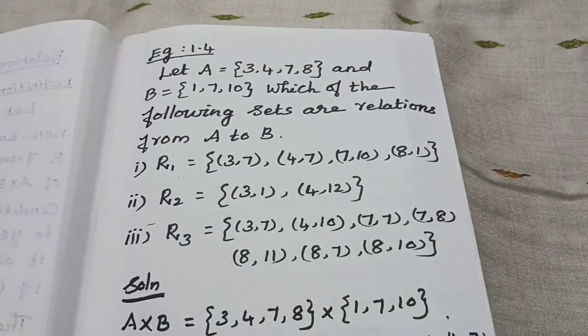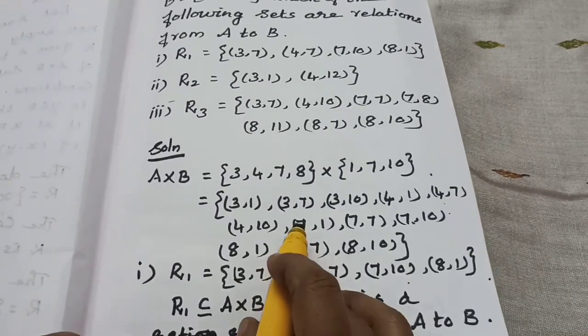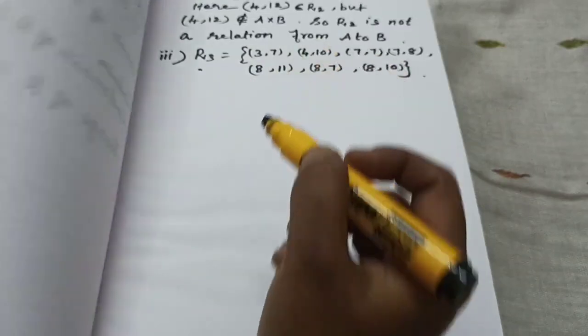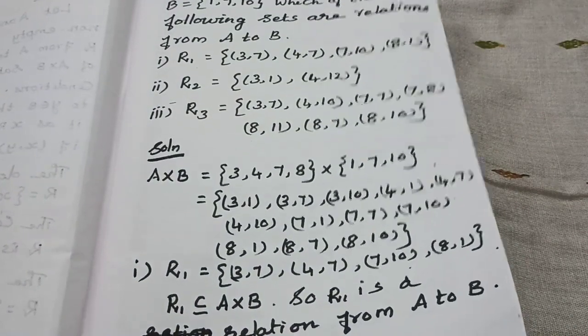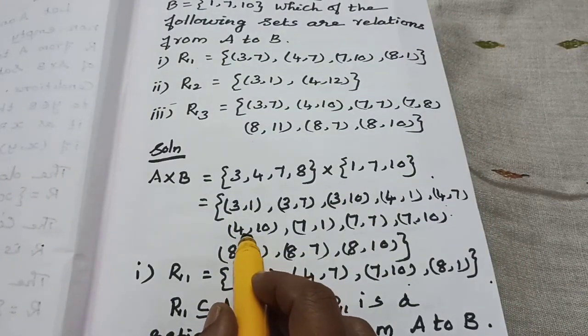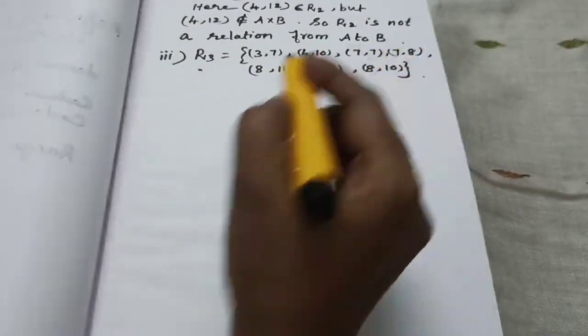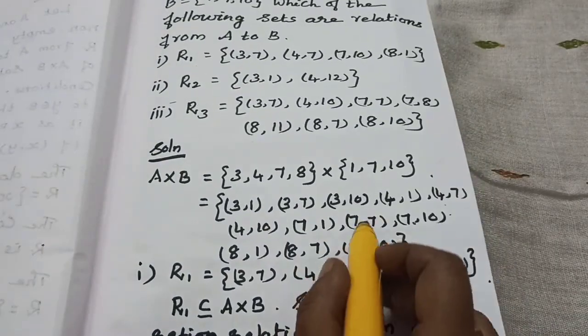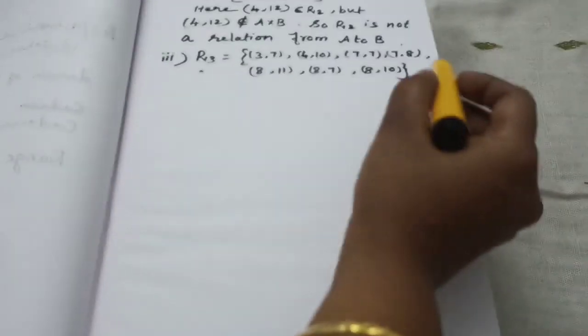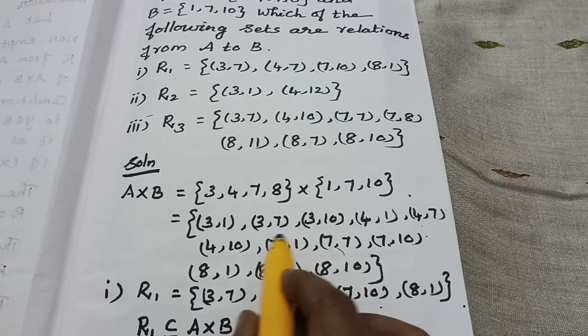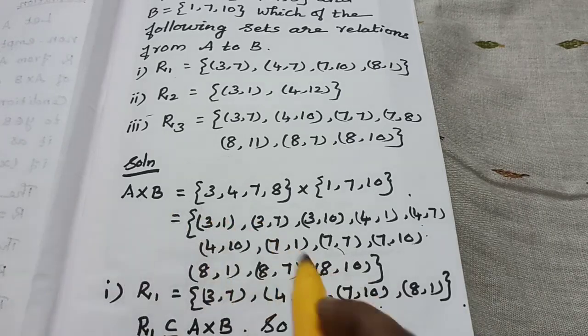Yes. Next, (4, 10) also in A cross B. Then (7, 7) also in A cross B. Then (7, 8), check it. Is it given? No, it is not in A cross B.